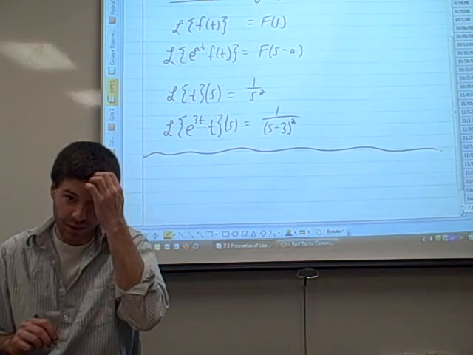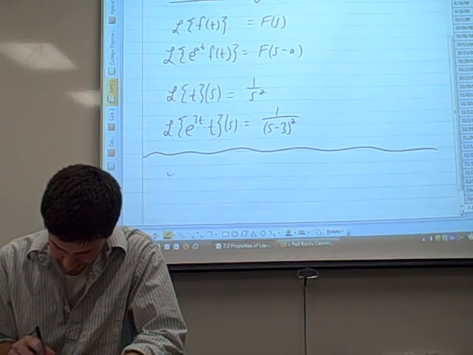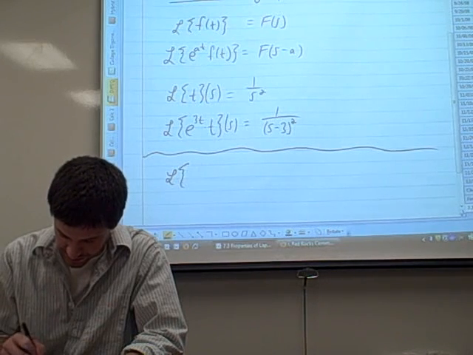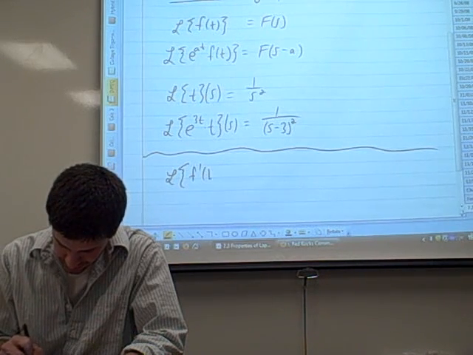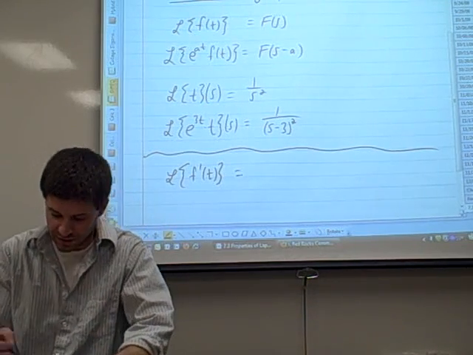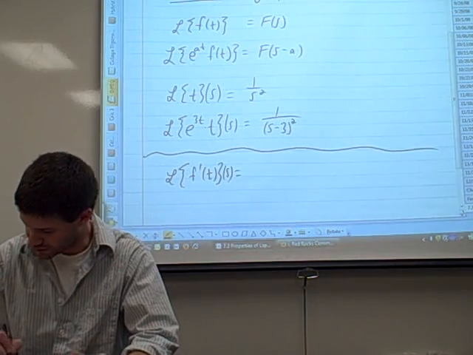The next property that I want to mention is the Laplace transform of a derivative. And we are actually going to be taking Laplace transforms of derivatives of functions. And as usual, these Laplace transforms are all going to be functions of s, so we can use that notation.